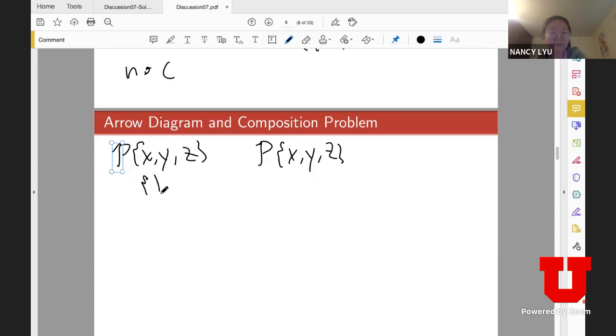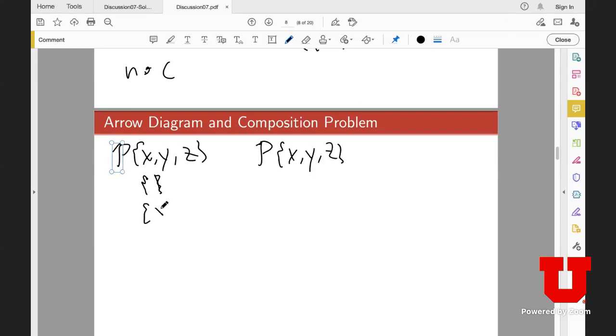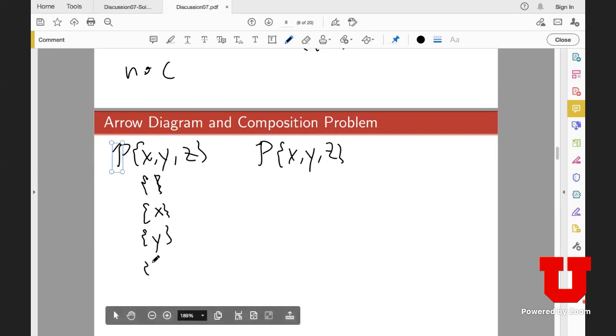As always, we'll have the empty set. And what else? X, and then Y, and then Z. Yes.